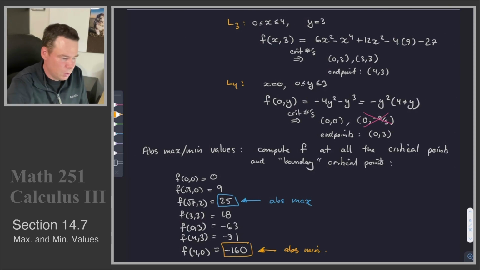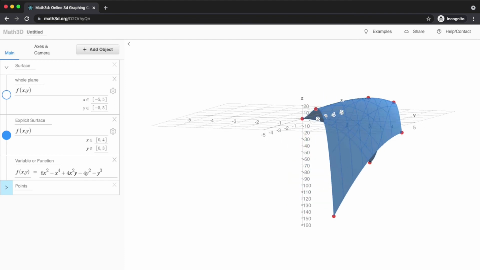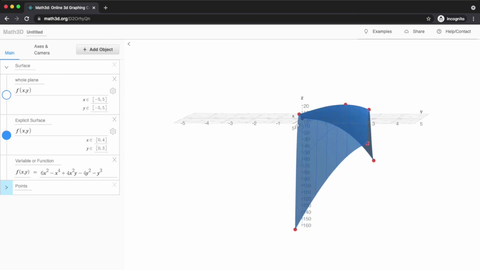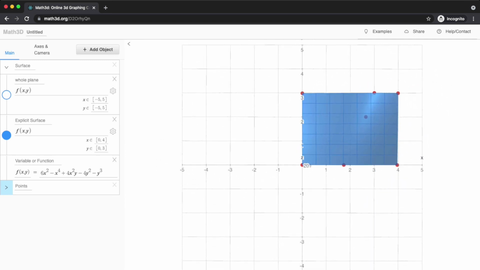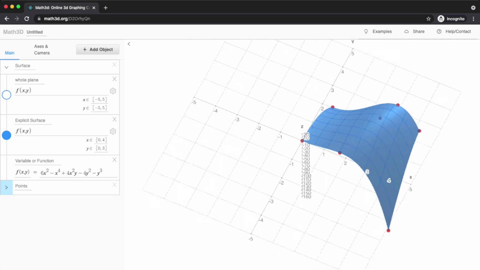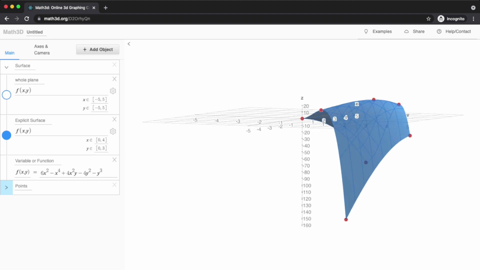Let's go to our visual to see if this agrees with what we see there. So if I look around, I can see the absolute min. It's this point way down here. That's coming from x equals 4, y equals 0, and that's that negative 160. And we can also see it from the marking down here that I had when I set the axes up. I had to set it down to negative 160 in order for it to fit in there.